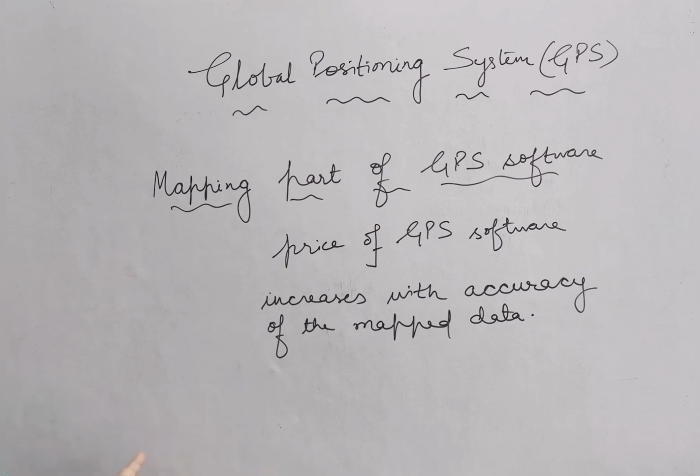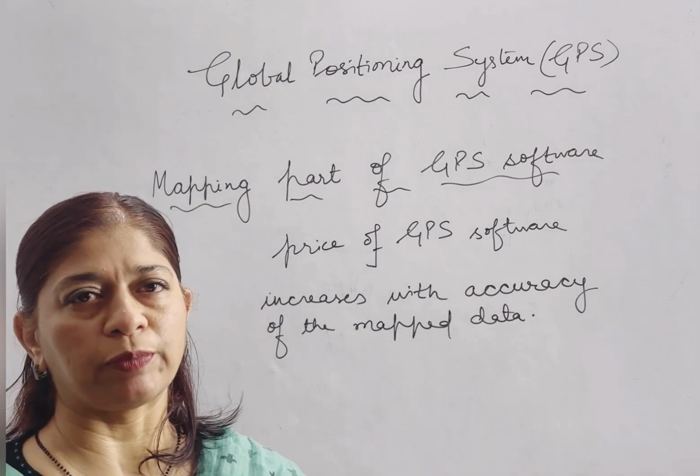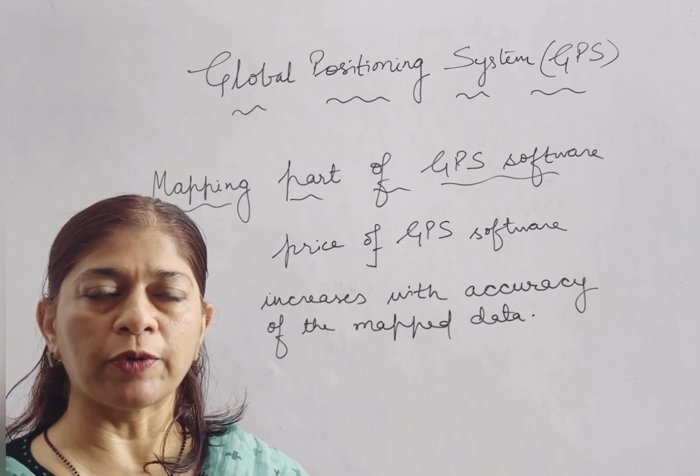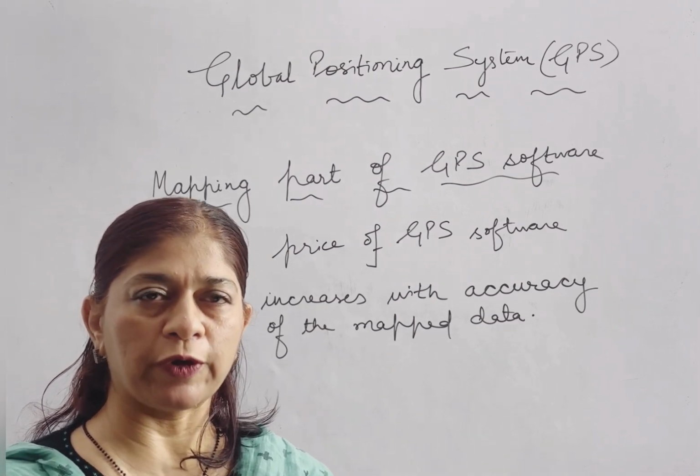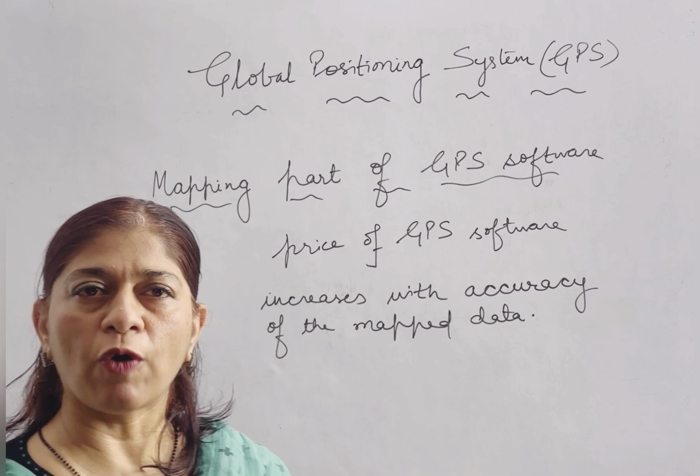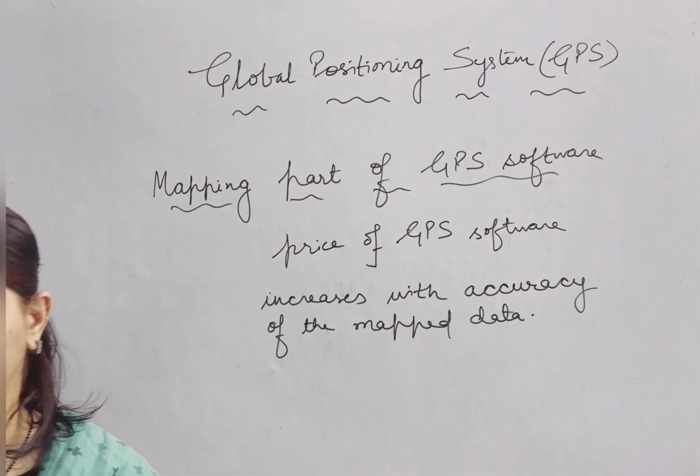It is but obvious the software that will be giving us the more accurate information will be having more number of satellites, better software working on it, and obviously the price will be more for the same.